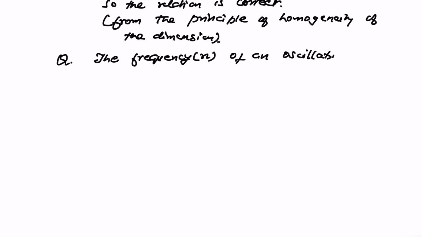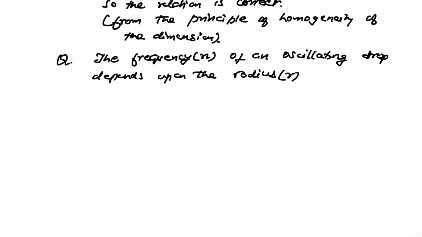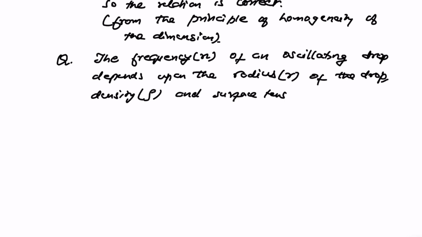The frequency n of an oscillating drop depends upon, first of all, the radius. We are given that it is depending upon the radius r of the drop. Second, density, which is denoted as rho, and the surface tension S of the liquid.